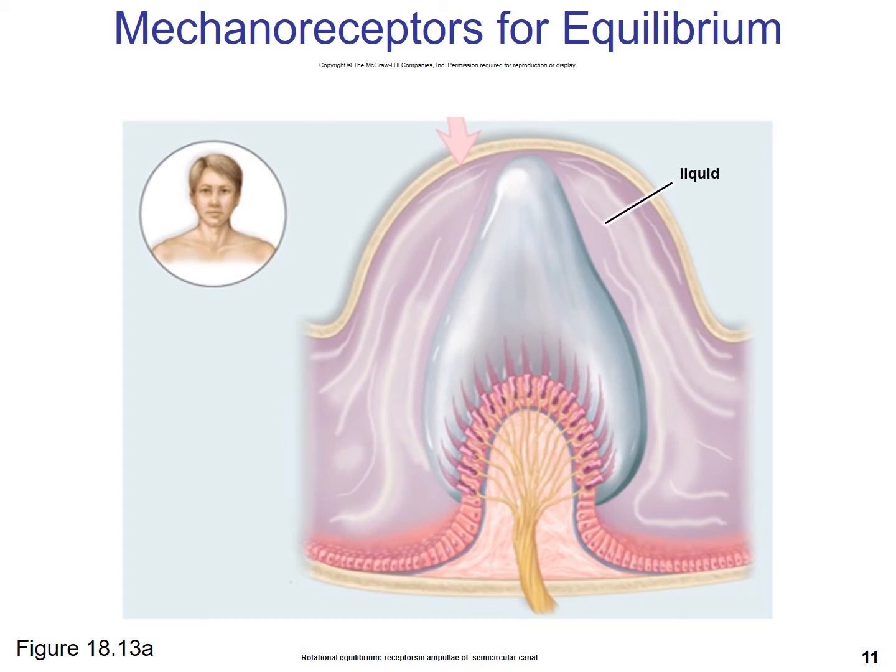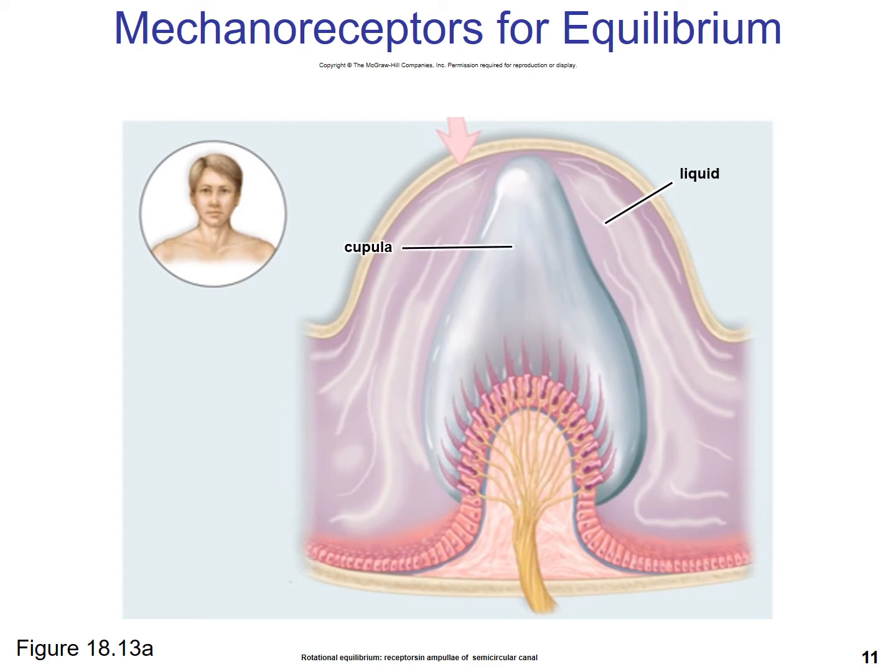So you've got liquid that flows across it, and this liquid flow is going to change based on the change of flow in the semicircular canals. And so why have the canals at all, these loops sort of reaching out? It amplifies the sensation of movement by making it easier to move the liquid.